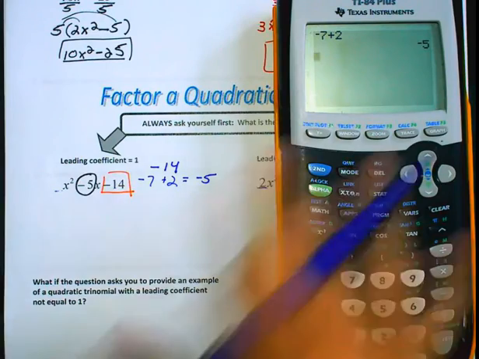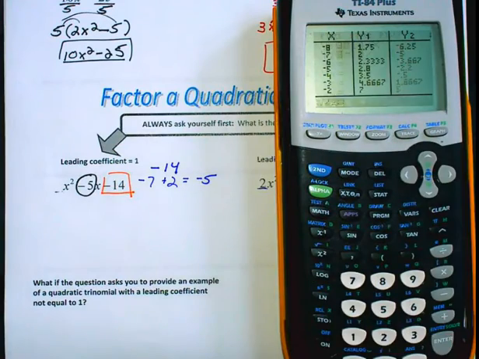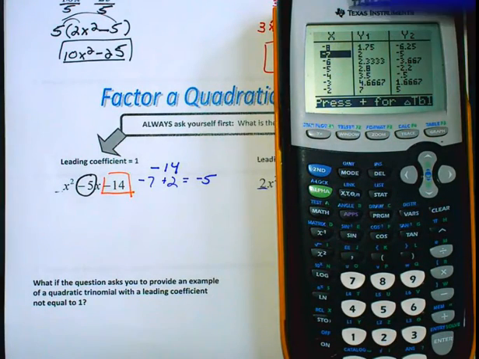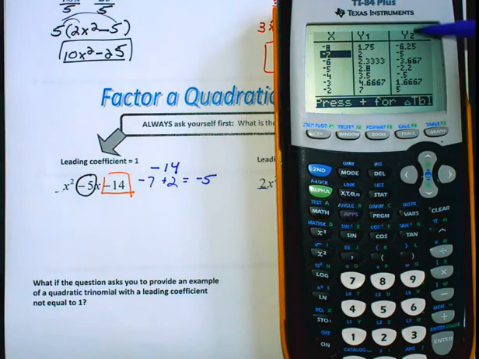Okay. Again, you're going to do that by going into the y equals and doing negative 14 divided by x, negative 14 divided by x plus x. Second graph, the column x and y1 multiply to negative 14, and then the column y2 is the sum of column x and y1.